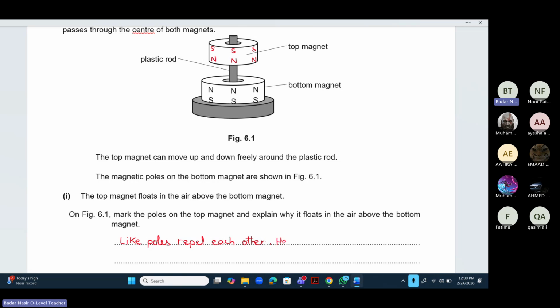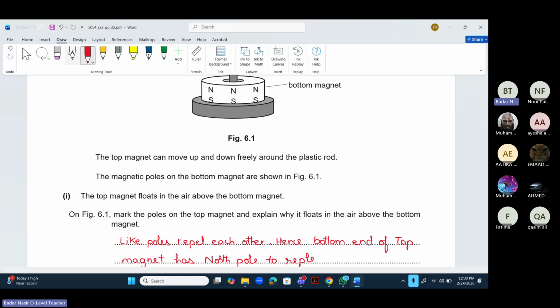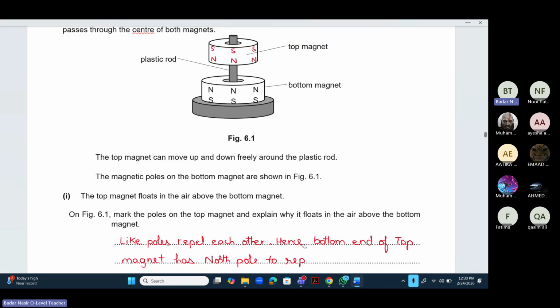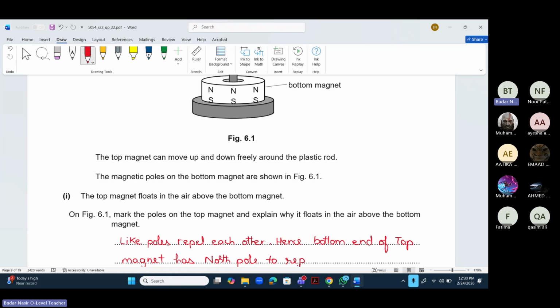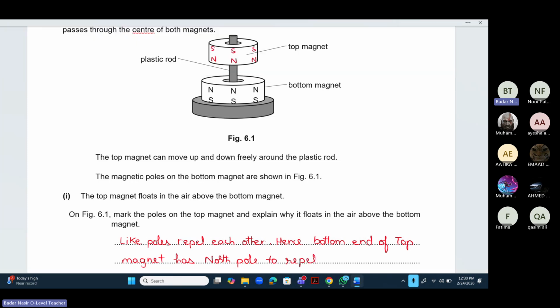Hence, bottom end of top magnet has north pole to repel top end of bottom magnet.